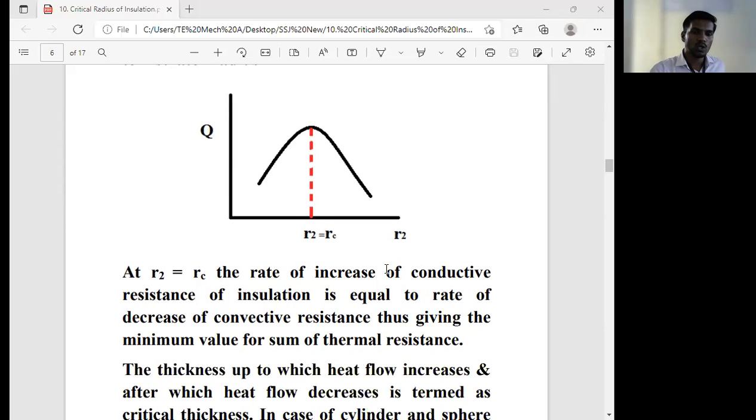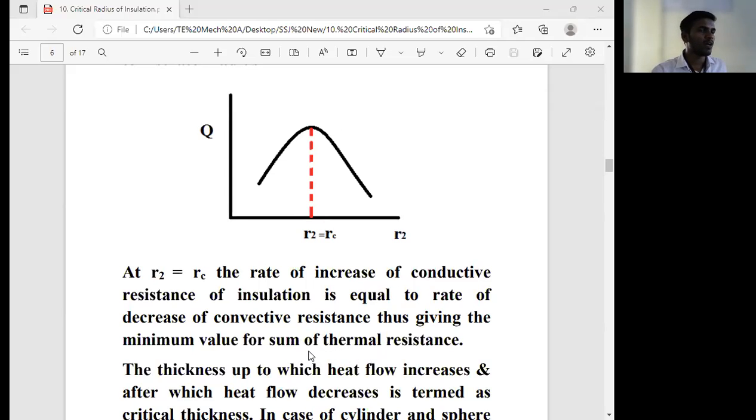Okay. So write down, at R2 equal to RC, the rate of increase of conductive resistance of insulation is equal to the rate of decrease of convective resistance, thus giving the minimum value for the sum of thermal resistance.